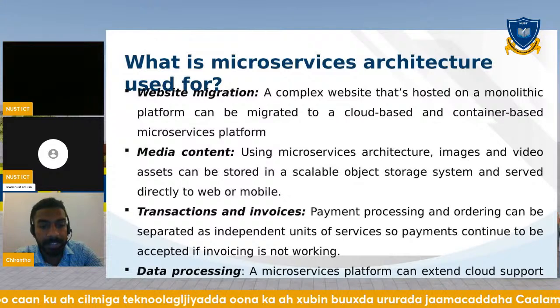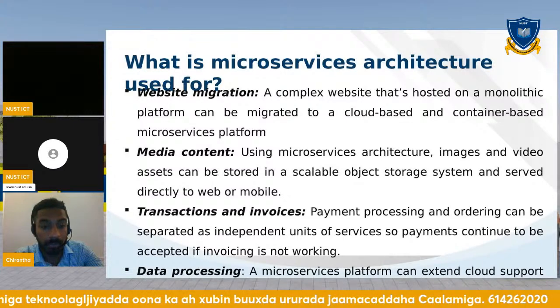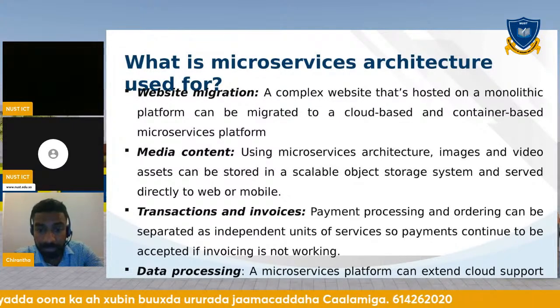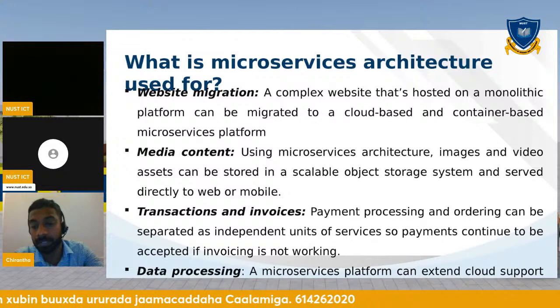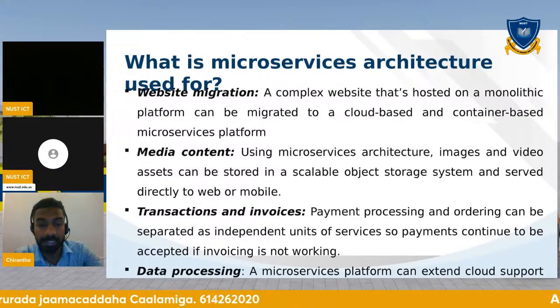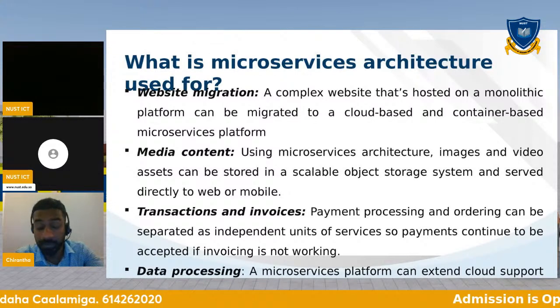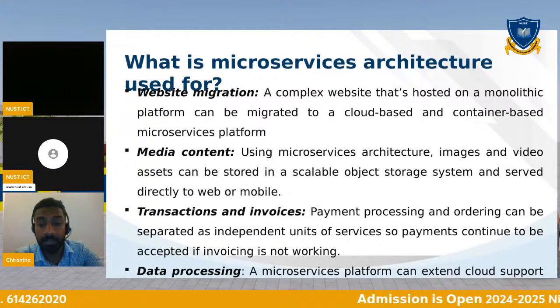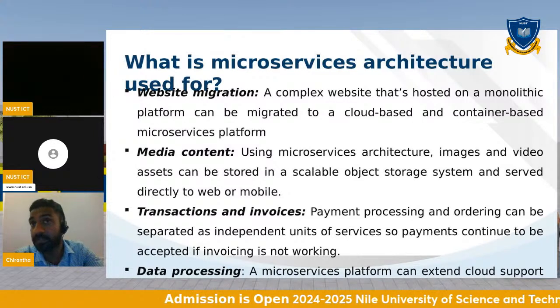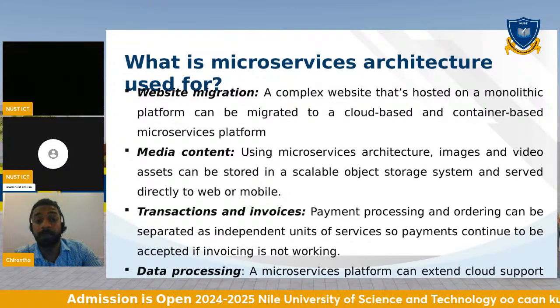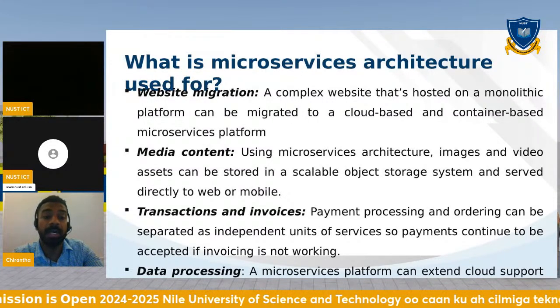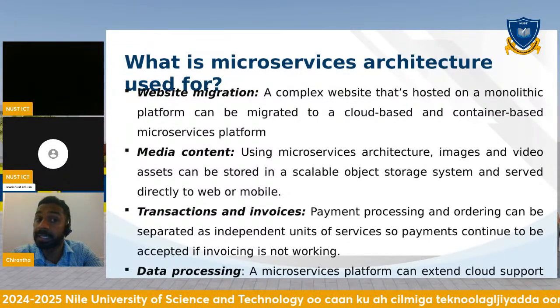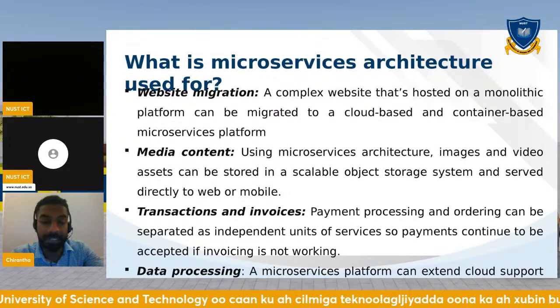The data processing is very important. The microservices platform can extend the cloud support for accessing modular data processing services. When we go for advanced web applications, further data science and data mining projects, we need more processing power. In that case, we can go with the microservices architecture also.